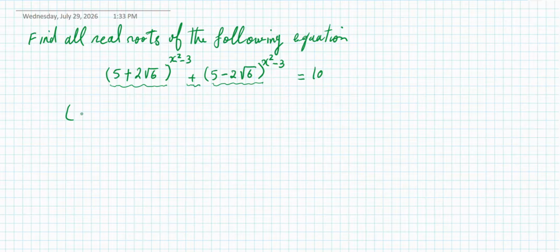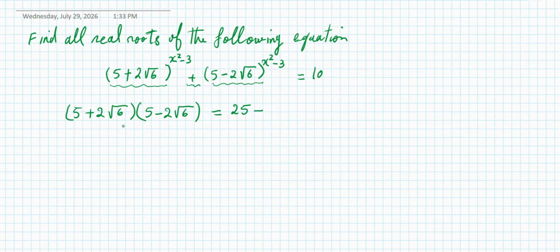So here we have 5 plus 2 square root of 6, and I multiplied this by the other base, which is 5 minus 2 square root of 6. And this would be a minus b times a plus b, so the result is a squared, which is 25, minus b squared.